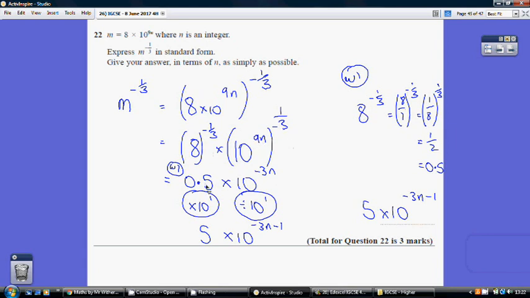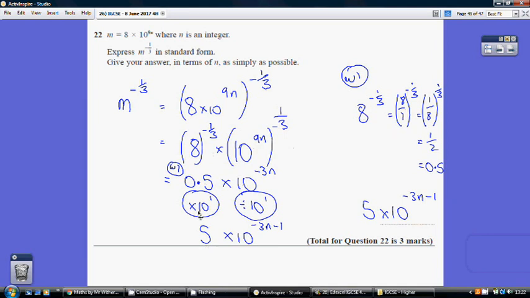So at that point I've got this answer here, 0.5 times 10 to the minus 3n. Now that's not yet in standard form. Standard form requires the first number to be between 1 and 10. So I'm going to have to multiply this by 10 to make it 5.